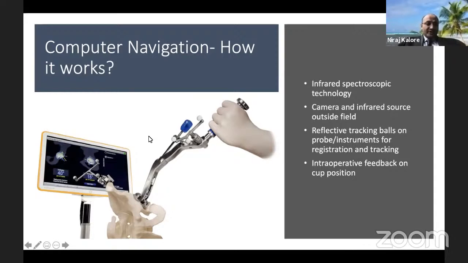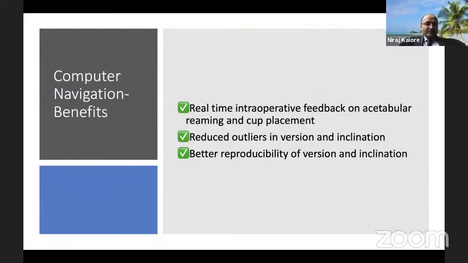And this signal is captured by a camera outside, and then the computer creates the model based on that feedback. The main advantage of this is that it gives real-time feedback on cup position. And that's where it can reduce the outliers in version as well as inclination and make it more reproducible.